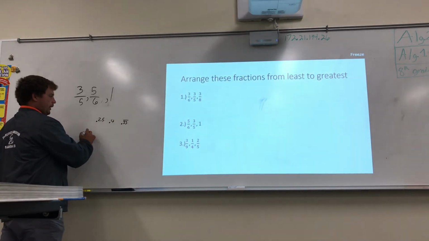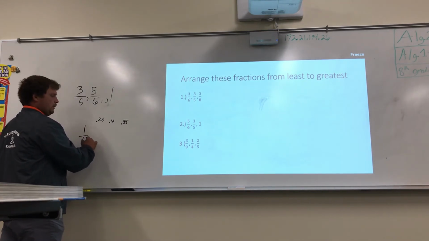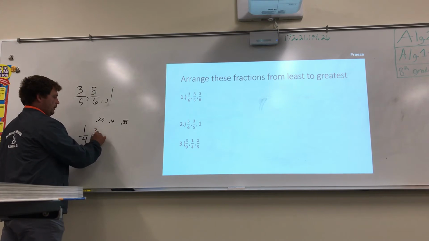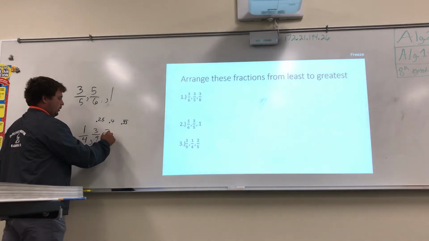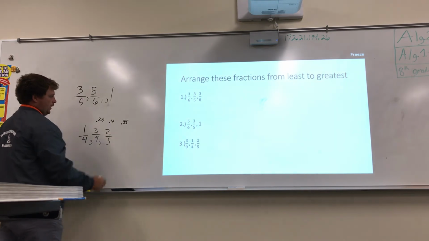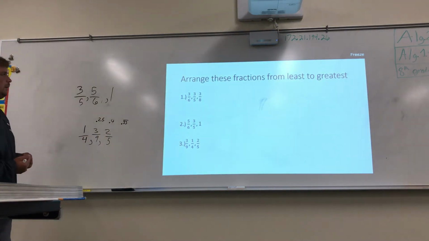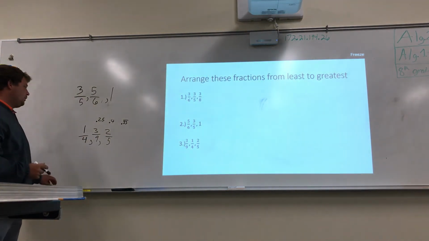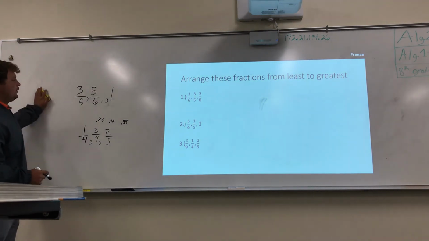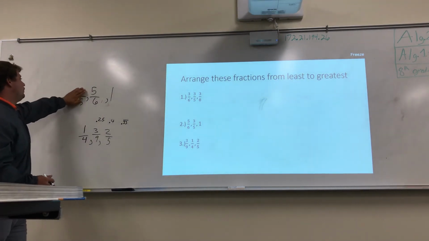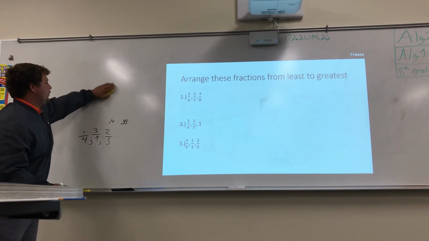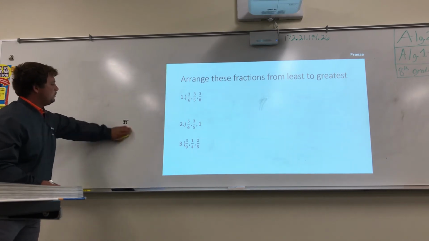So it would have to go 1/4, because that was 0.25. 3/9, because that was 0.33333. And then you would have to go 2 over 5, because that is like 40%. Nothing too extravagant out of this. Still stuff that I think you guys should be comfortable with, but it's always good to review and see where you guys are at.